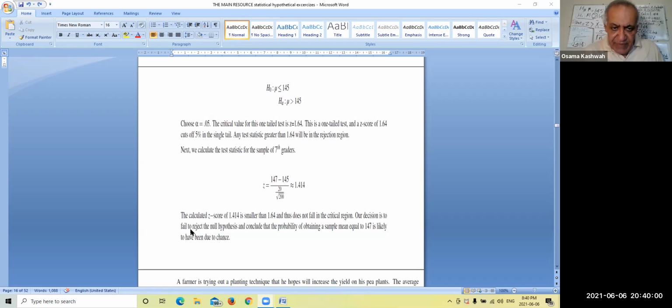Our decision is to fail to reject the null hypothesis, okay? And conclude that obtaining a sample mean of 147 is likely due to chance only, but it is not right. So the students' height is still 145, and what came, 147, may be by chance, but it doesn't make sense. So we accept H0 that it is 145.